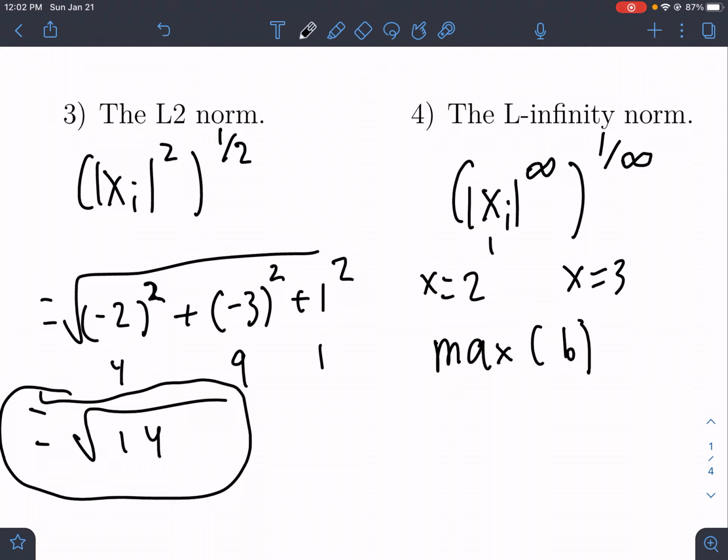Because let's say we have x equals 5. Well, 5 to the infinity is asymptotically larger than 4 to the infinity. But we do have this 1 over infinity, which will cancel out this exponent, but only for the term as a whole.